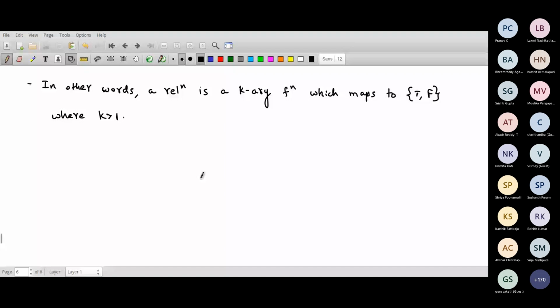Okay, so to summarize, say a function whose range is true or false, that is called a predicate if k equal to 1.